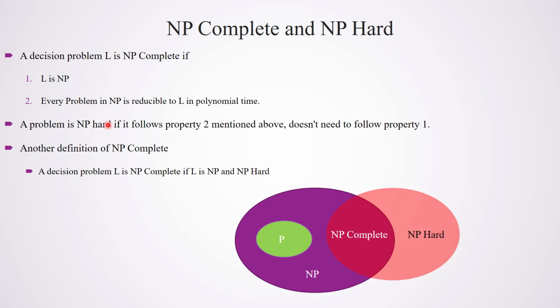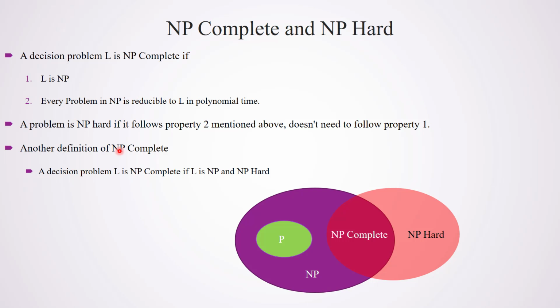A problem is NP hard if it follows property 2 mentioned above; it doesn't need to follow property 1. So here I have a problem L. It need not be an NP problem, but if all NP problems are reducible to L in polynomial time, we can say such problems are NP hard.